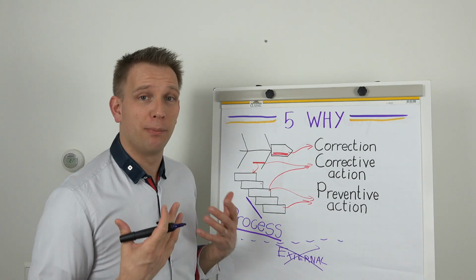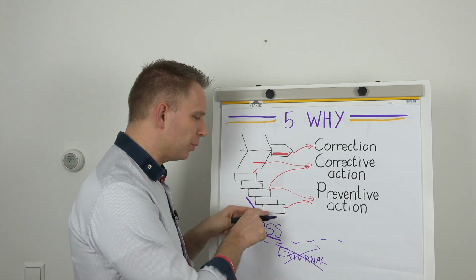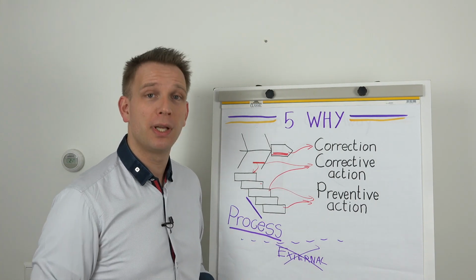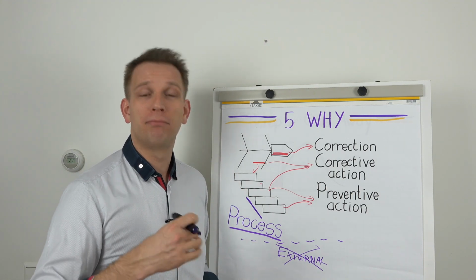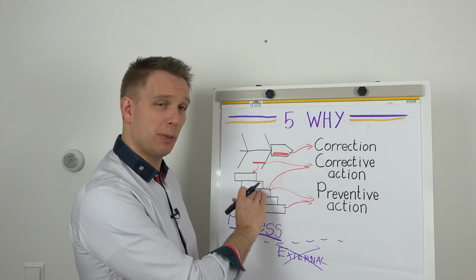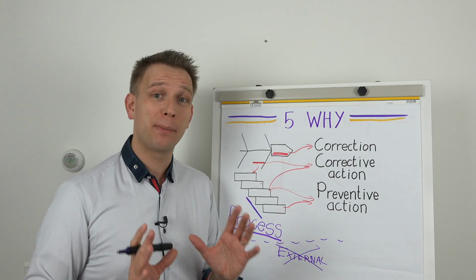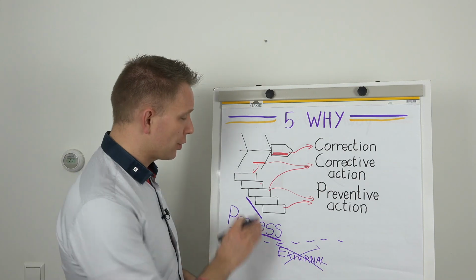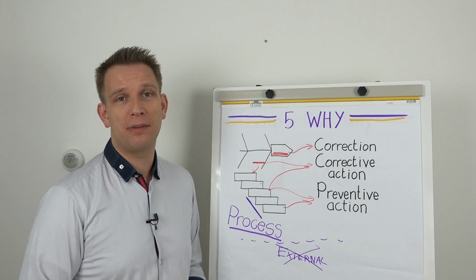Of course, to move your whole organization to a better level, you will still want to try and push for the process root causes, but at least what you can do is put a good, stable, temporary solution in place. And temporary, especially if it goes somewhere to the 3rd, 4th why, can last for quite some time. It can actually be a pretty cost-effective solution in the midterm. So that is what we are trying to do with a 5 why analysis.